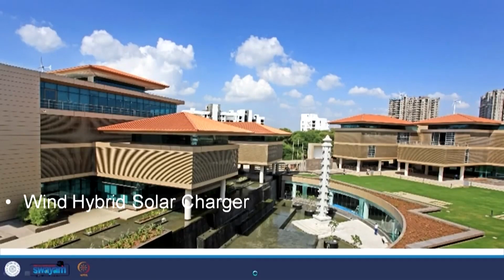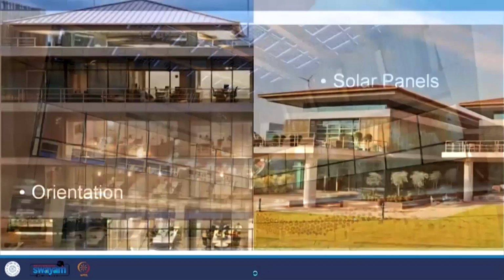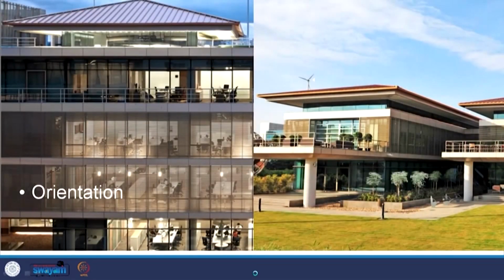They have hybrid solar chargers which interchange between the mode of renewable energy from wind to solar depending upon the availability. Huge areas are covered. So, that is the main point of this entire campus and that it becomes a net zero campus. It does not draw any energy from the grid because they generate 100% of their energy on site or off site, but of their own.